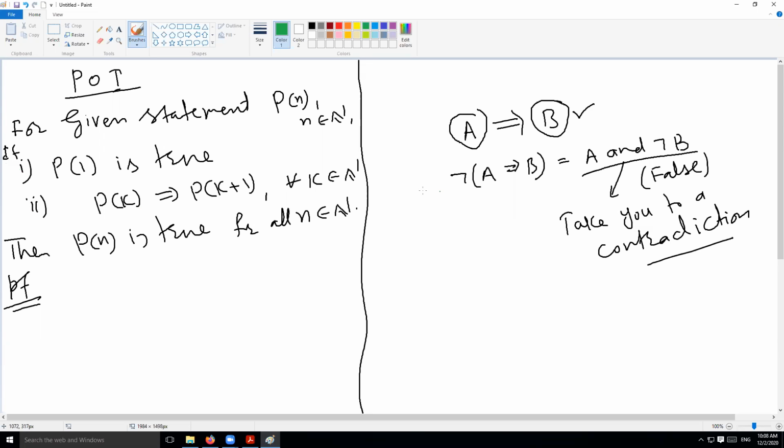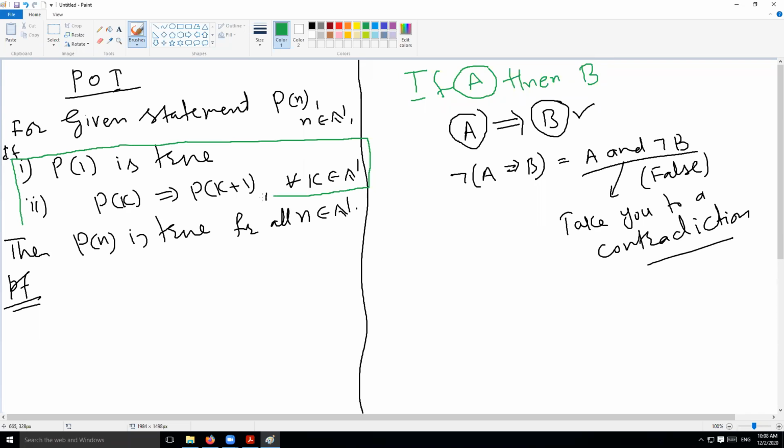So see, this statement can be written as if A, then B. All of the if part is your assumption, your A, and all of the then part is your B. So the A is this, the 1 and 2.